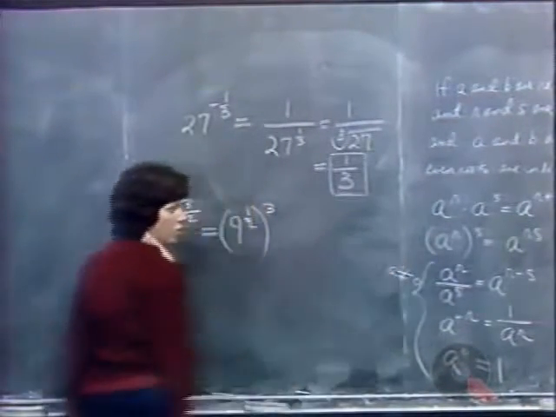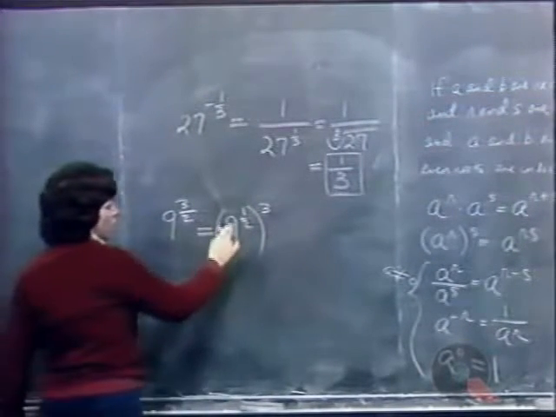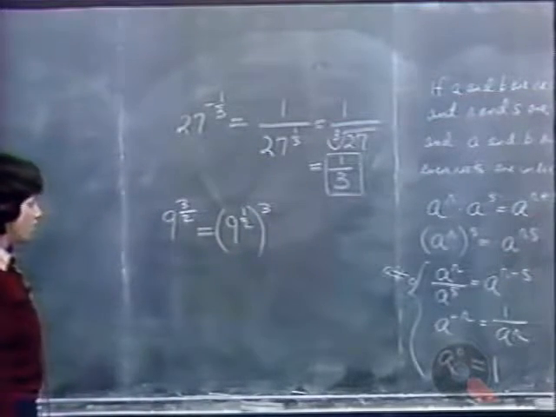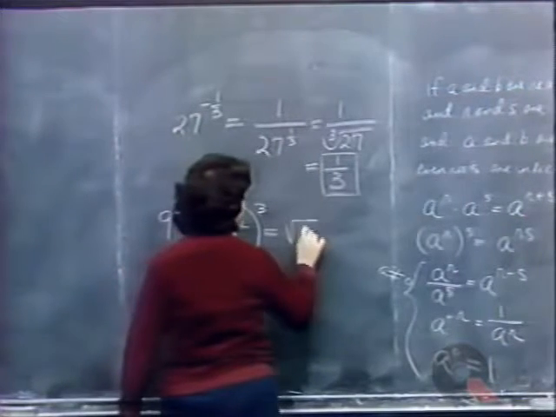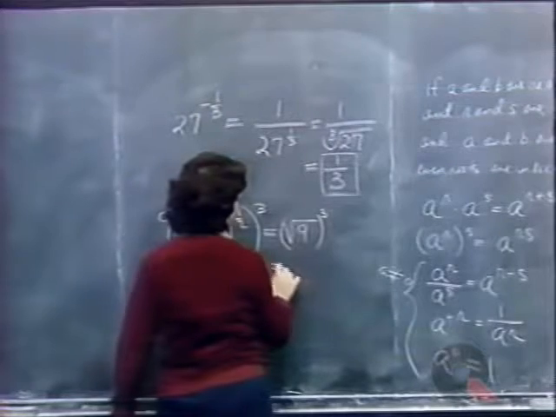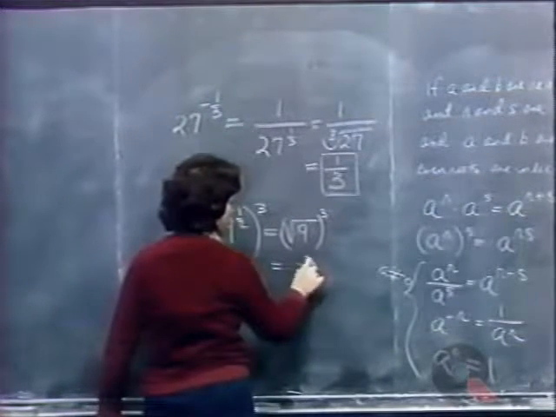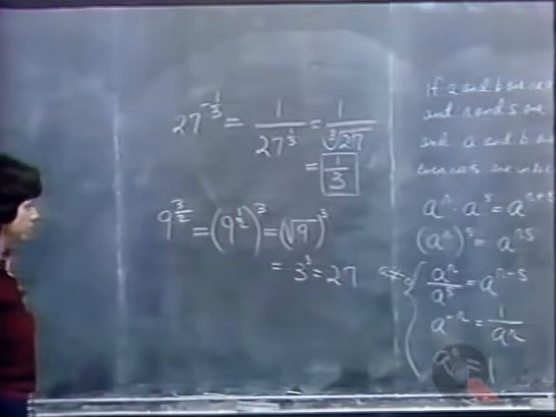We want this rule to hold true. Therefore, 9 to the 3/2 is 9 to the 1/2 cubed. Okay, this could be thought of as the positive square root of 9 cubed. The positive square root of 9, of course, is plus 3. 3 cubed gives us 27.